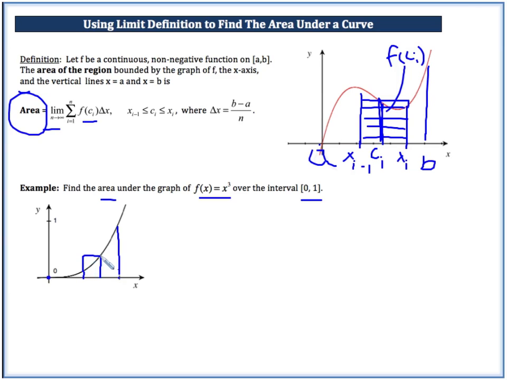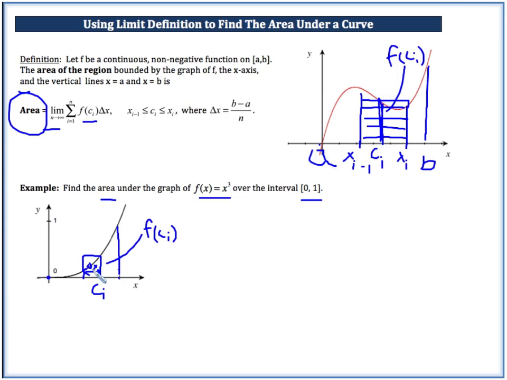And if I just let this be my interval, I can let c sub i be my right endpoint. So here's c sub i. Here would be f of c sub i. And then delta x is going to be still right in here. So there's our delta x.